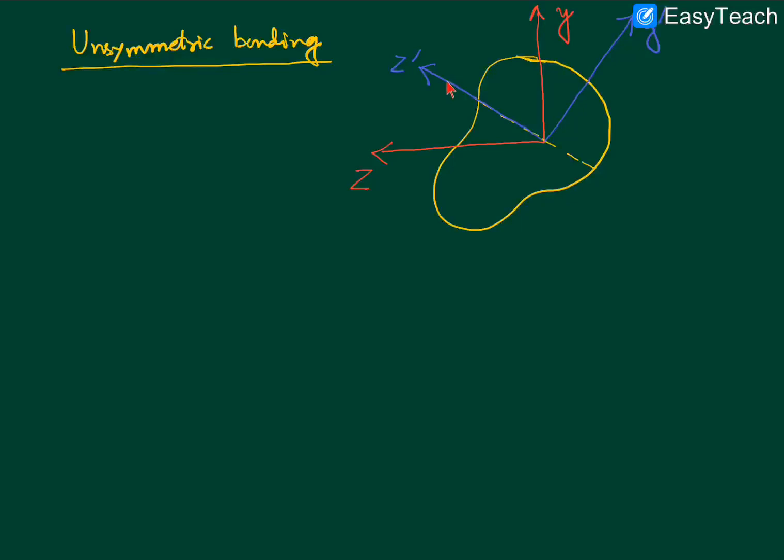Why is that hope having some sort of basis? It is having some sort of basis because if the beam of which this cross section is a part is subjected to pure bending, then forget about the y-axis and the z-axis.